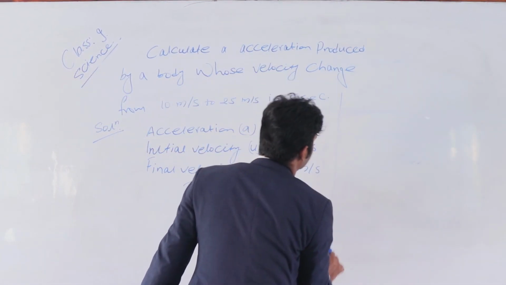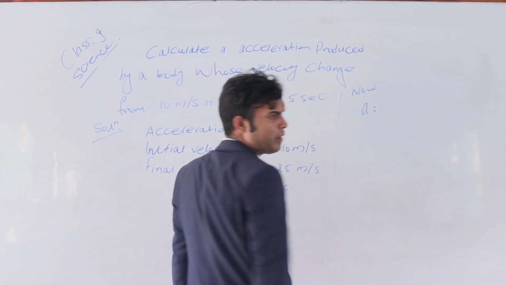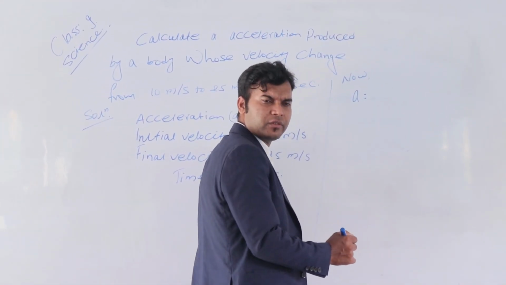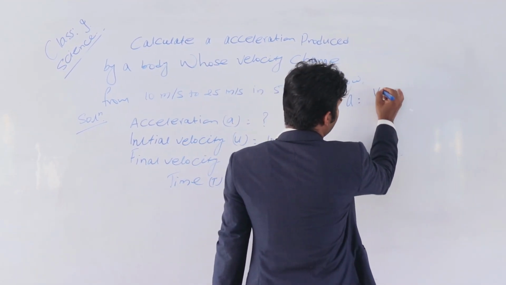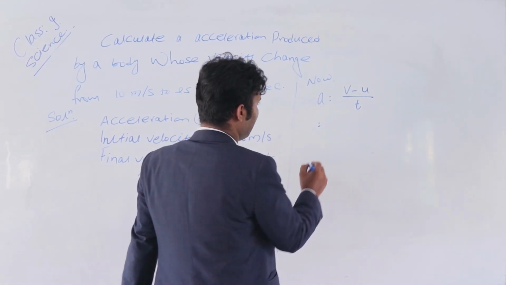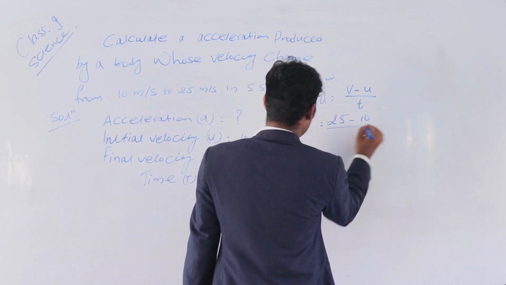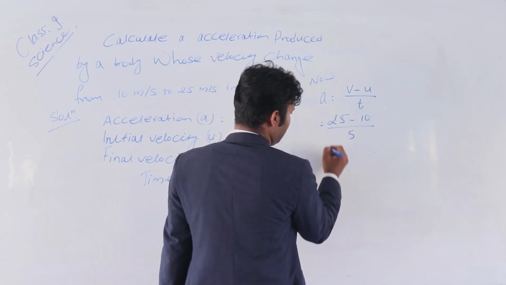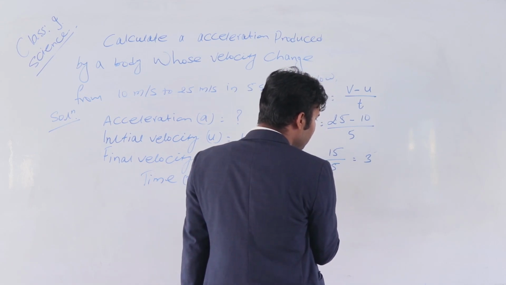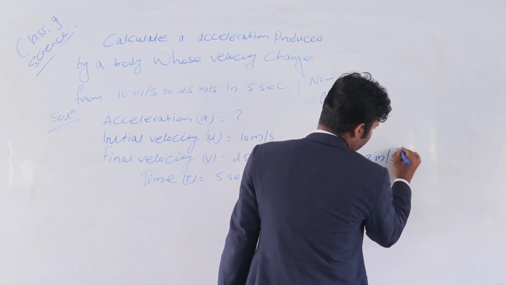Now, we have acceleration a is equal to rate of change of velocity. It means that v minus u upon t is equal to v means 25 minus u means 10 upon t means 5, is equal to 15 divided by 5, which is equal to 3, unit meter per second square.